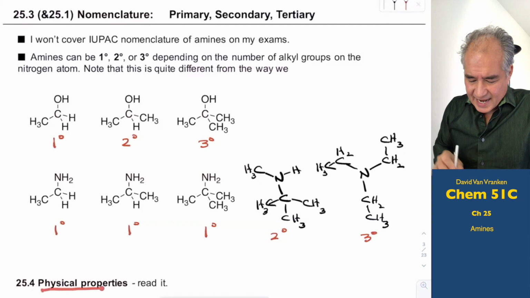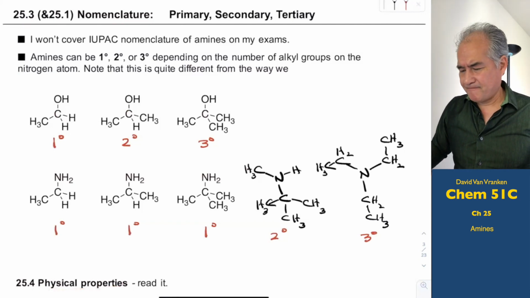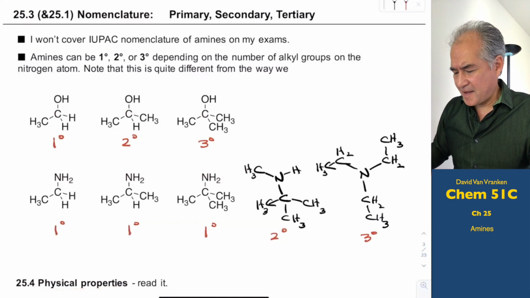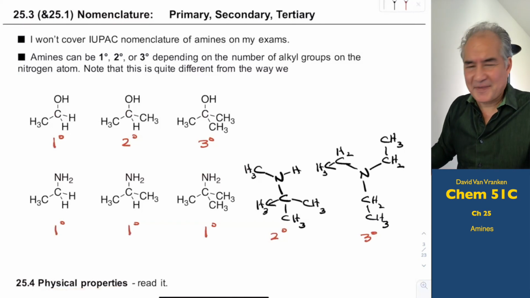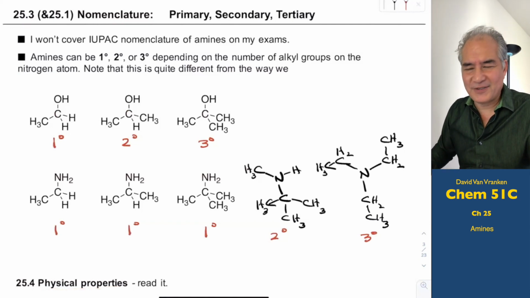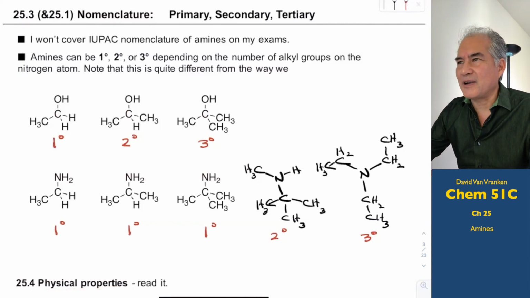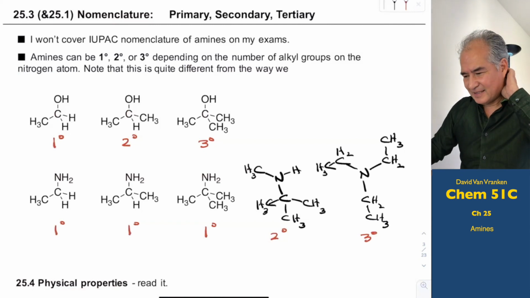There's not a lot I can ask you about amines. They're polar, there's not a lot I can tell you about boiling points. Since I'm not going to ask you questions to memorize boiling points or features like that, I would suggest you read that section, but other than some multiple choice question, there's very little that I could ask you.